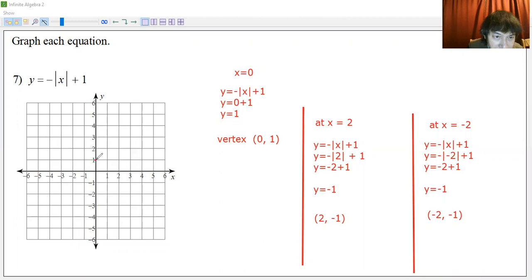Let's say our point is 0, 1 there. Our 2, negative 1 is over here. How about the negative 2, negative 1? Over here. I'll just make my point very small, like that. And we will have a very accurate drawing. This is how to do it.